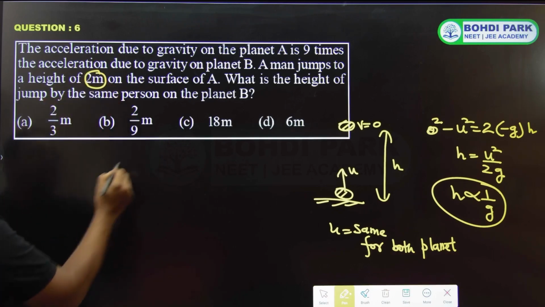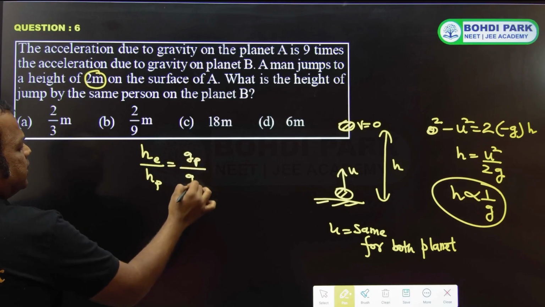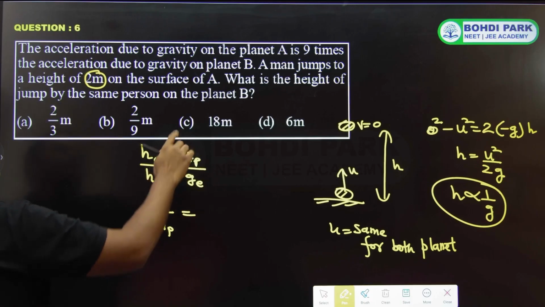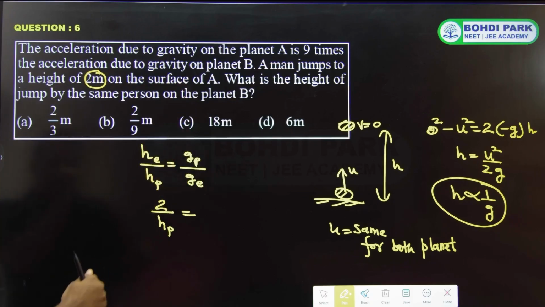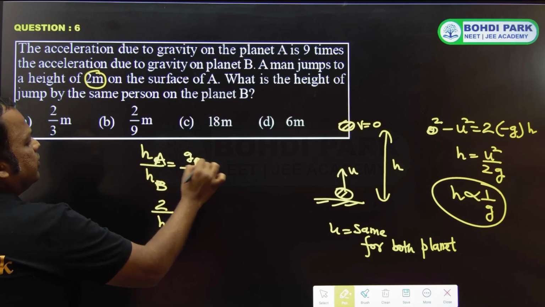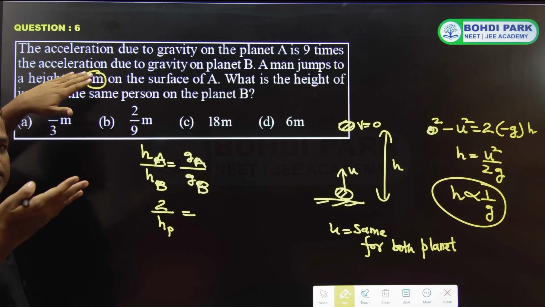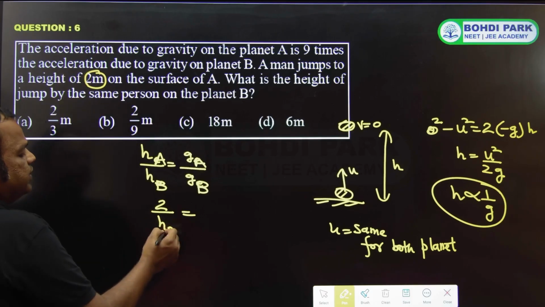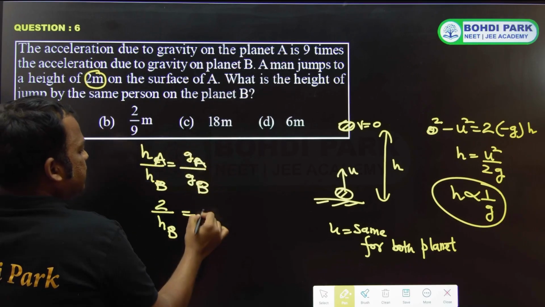So for Earth it is 2 meter. So we can say height on A by height on B is equal to gravity on A by gravity on B. Okay, we have to consider A and B. So the height jumped by the person on planet A is 2 meter, and the height jumped by the person on planet B is HB, and gravity on A is 9 times gravity on B. So this ratio will be 9.